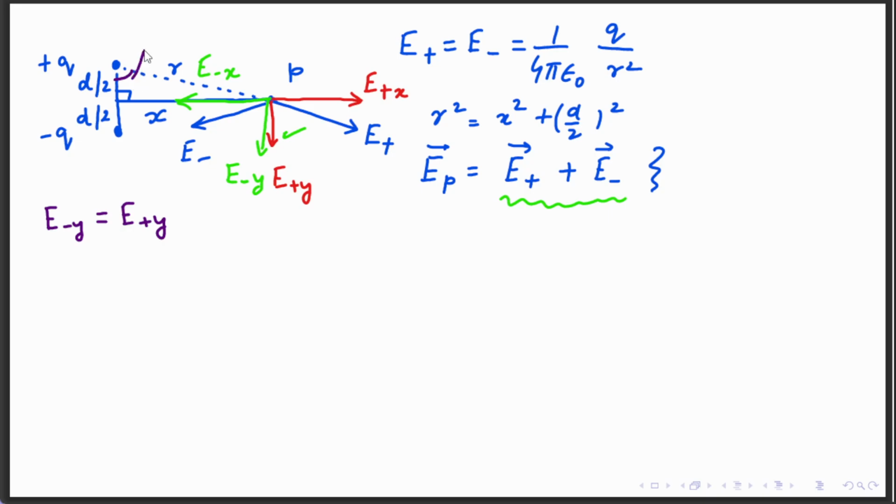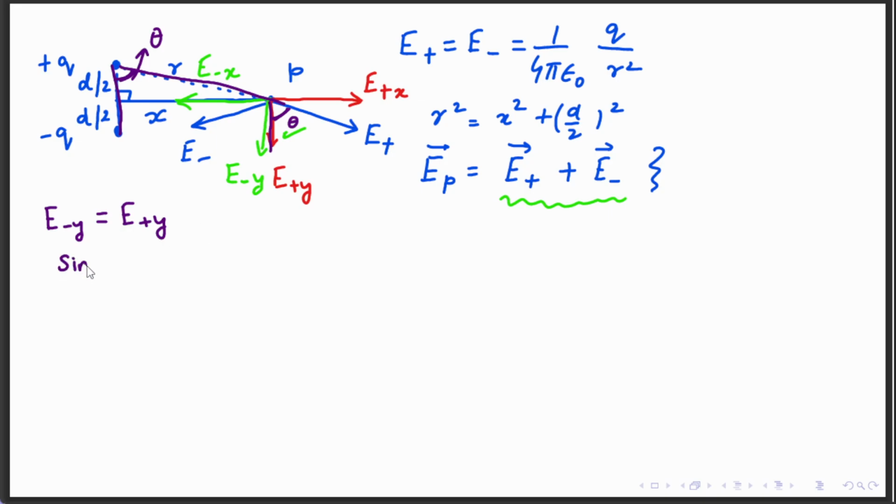If this angle is theta, then from the right angle triangle here, you can notice that this angle is also theta, because this line is parallel to this line, and this whole thing can be treated as a transversal. So this equal to this from the property of parallel lines. So let's write what is sine theta and cos theta.